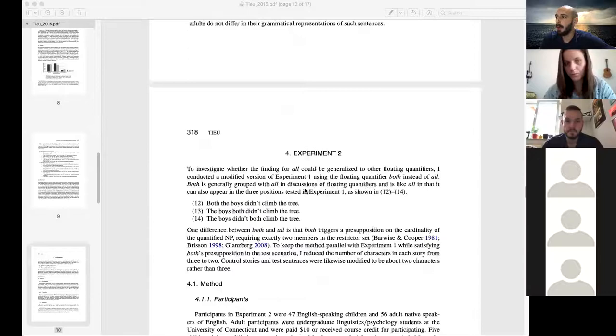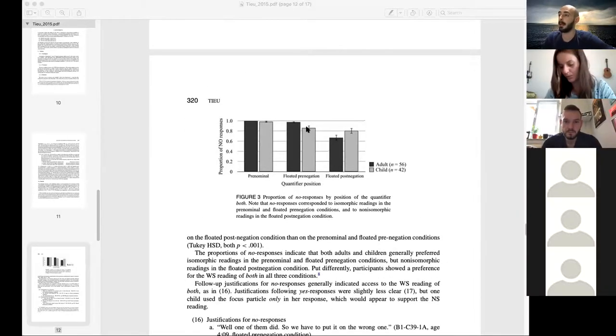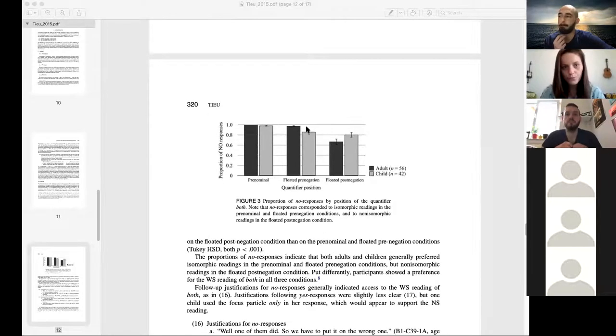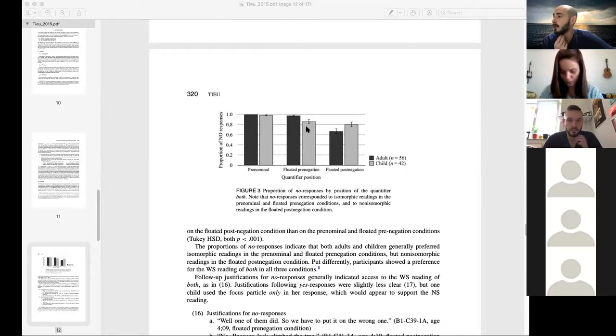And if you compare it to the other one, you have the same pattern. Again, you have a higher percentage of no responses for the John and Bill both didn't, right?